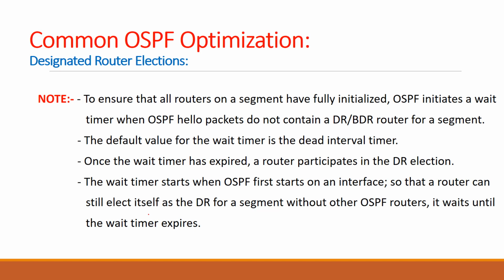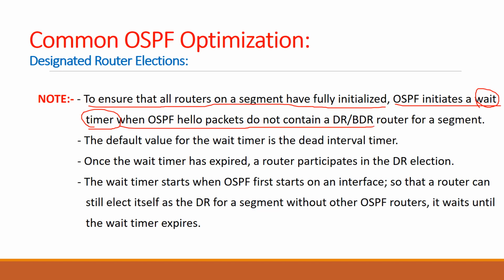There is a note here. To ensure that all routers on a segment have fully initialized, OSPF initiates a wait timer. When OSPF hello packets don't contain a DR router for a segment, the default value for the wait timer is the dead interval timer.